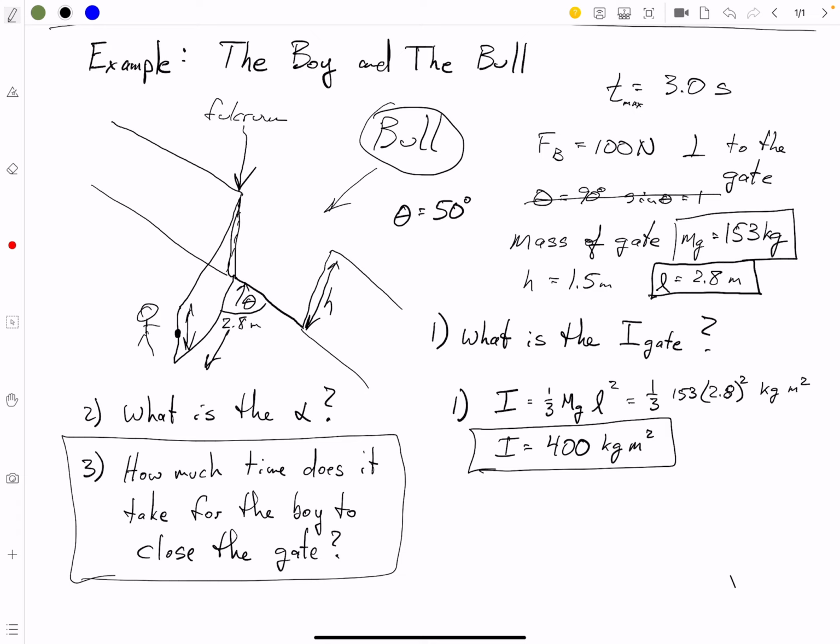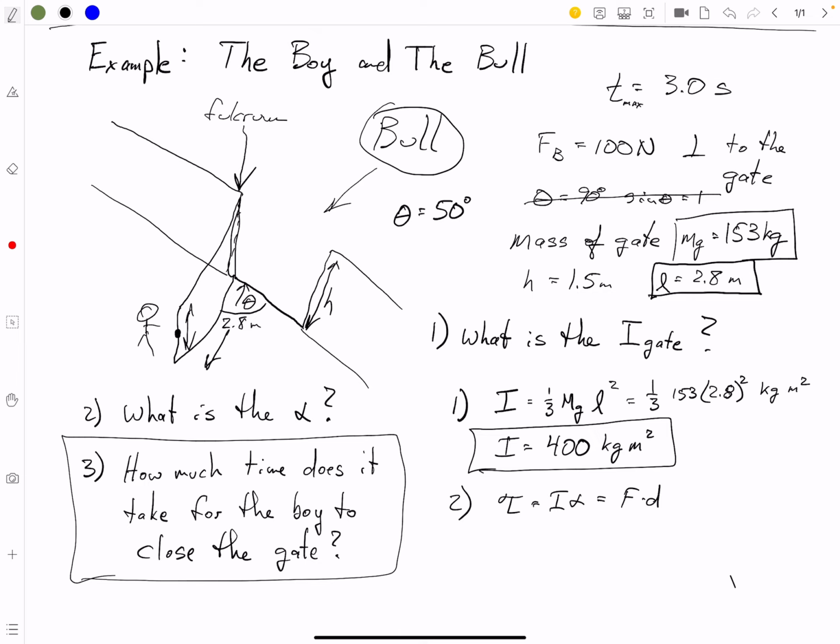Okay. What's our next step? Torque. So we're going to do, what is alpha? So torque equals I alpha. But that also equals the force times the distance that the boy is applying. Okay? And we know what the force is that he's able to apply, 100 newtons.